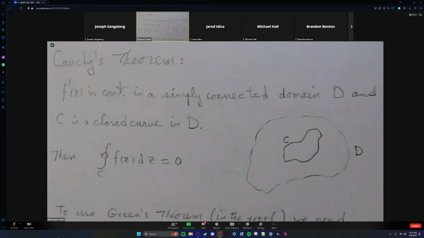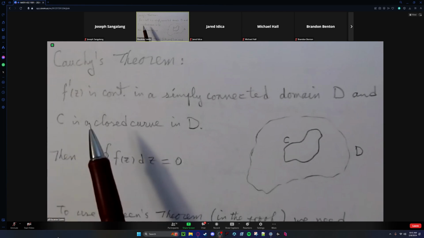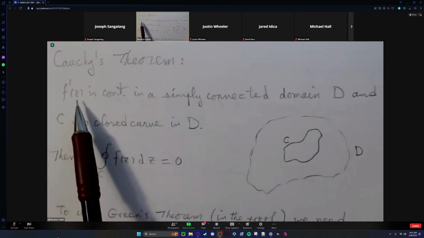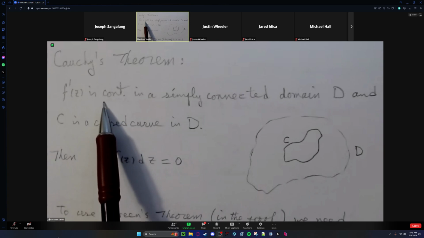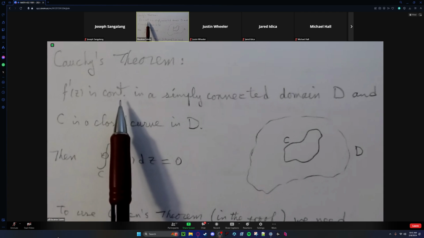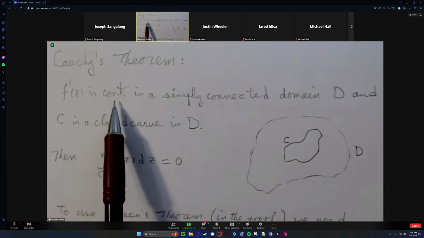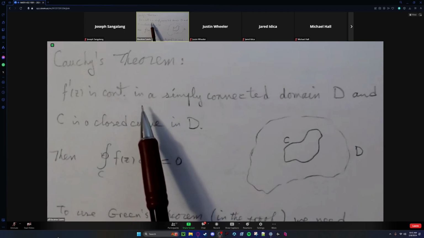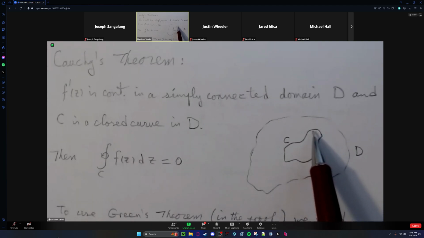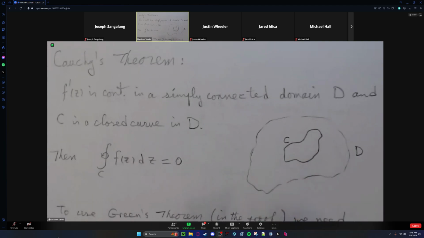So here is Cauchy's theorem. If f prime of z is continuous, do we really need continuity? Later we will find out that no, we really don't need this continuity, all right? But in a simply connected domain D, which doesn't have any hole in it, if you integrate over this closed curve, the result is zero.